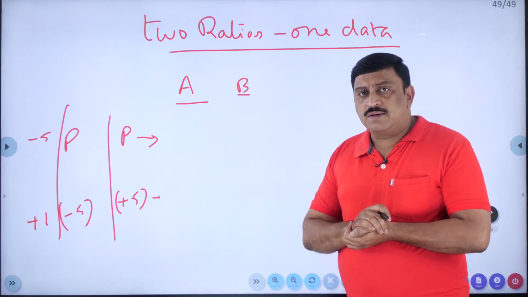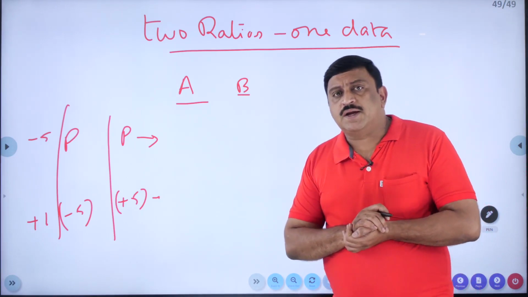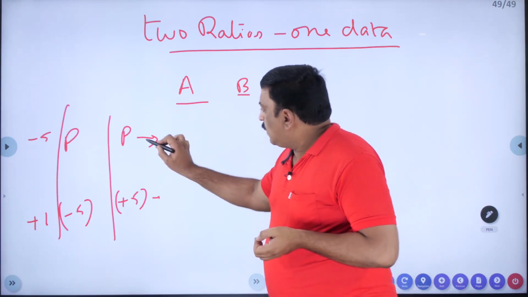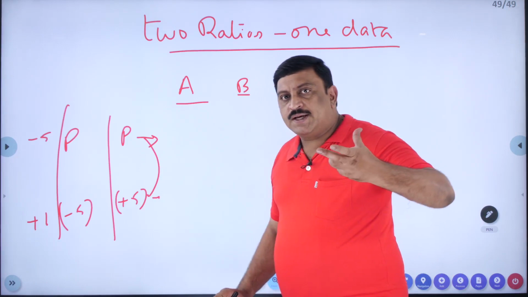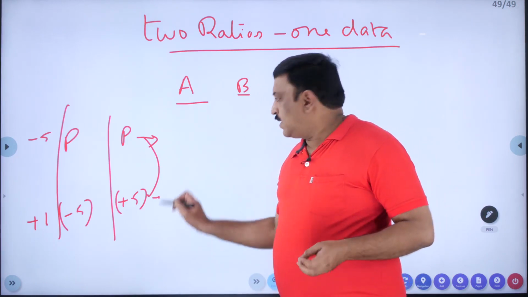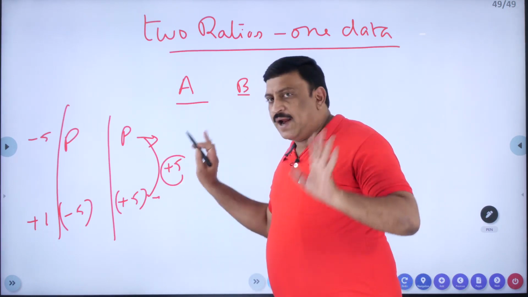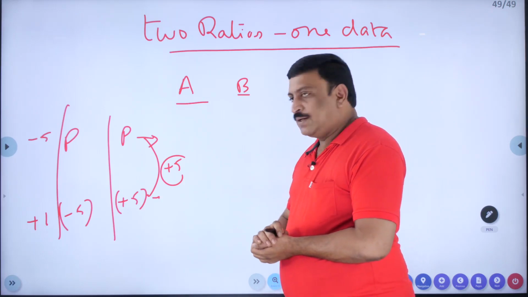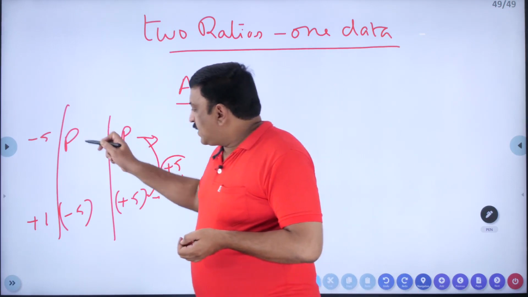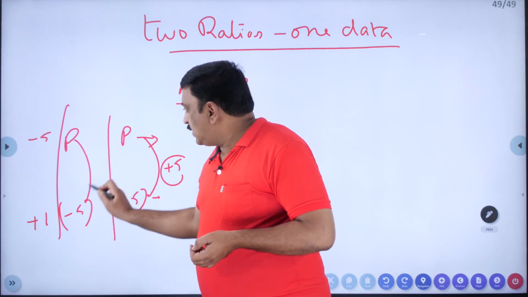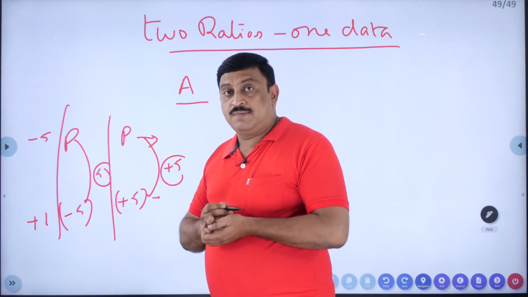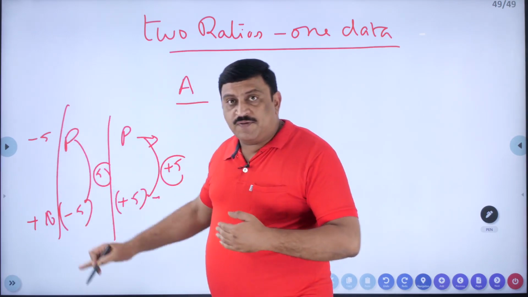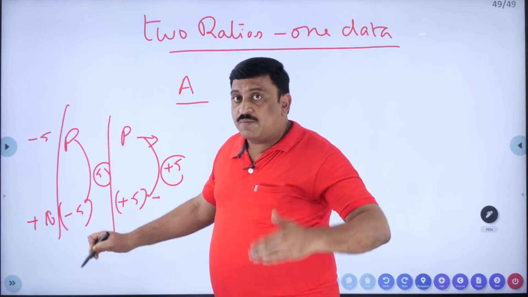Then where is the data? Data is nothing but this: present and after 5 years means the 5 years is the data. Understood? If it is 5 years back and 6 years after, what is the difference?